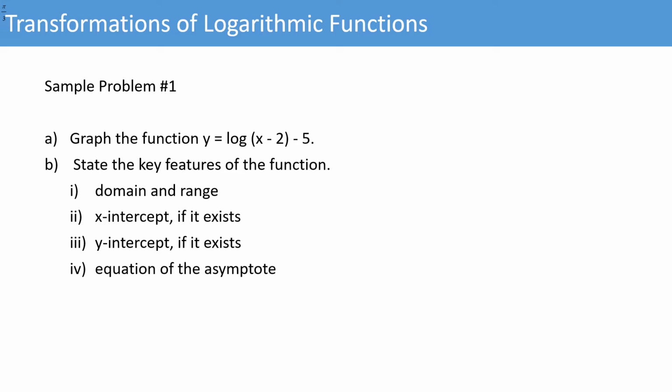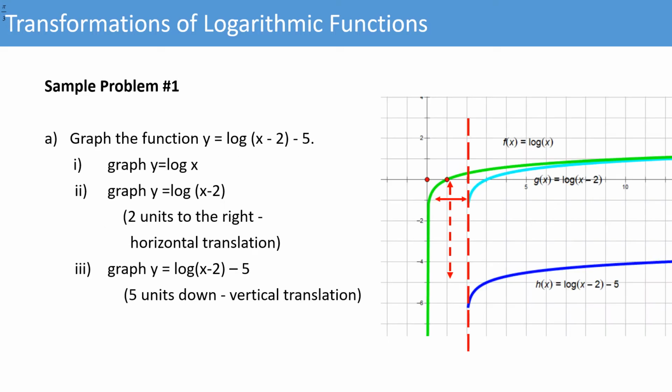So we'll start with number 1. Graph the function y equals log(x minus 2) minus 5 and state its key features. So here's the graph that we will get. The graph in green is your original graph of y equals log x. The graph in aqua is the graph for y equals log(x minus 2).